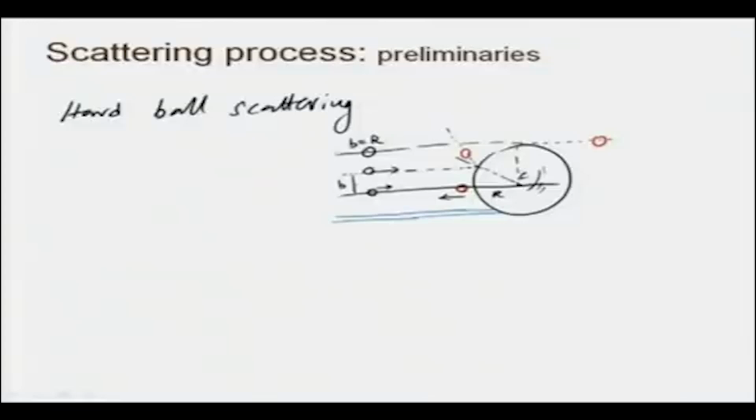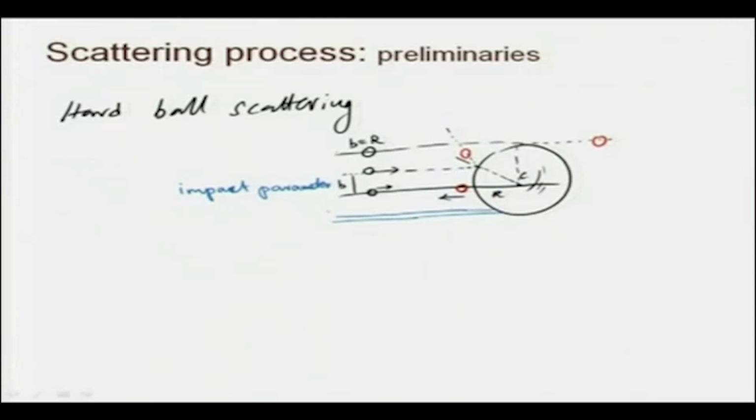They are all not at the same b value. That b value is called the impact parameter. So the impact parameter for different particles in the beam could be different.